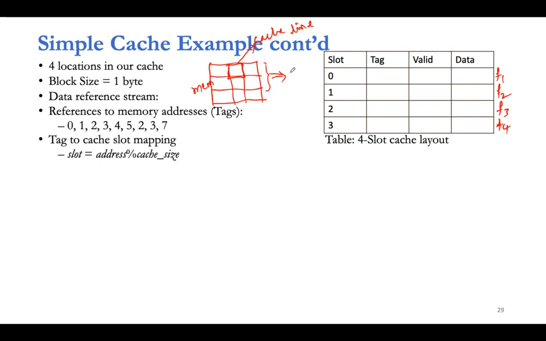How it is evaluated is based on the slot: which slot is assigned to this block. To find that slot, the tag to cache slot mapping takes this address: slot is equal to the address modulo the cache size.